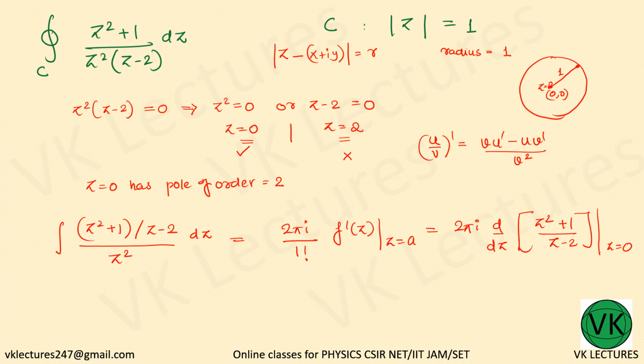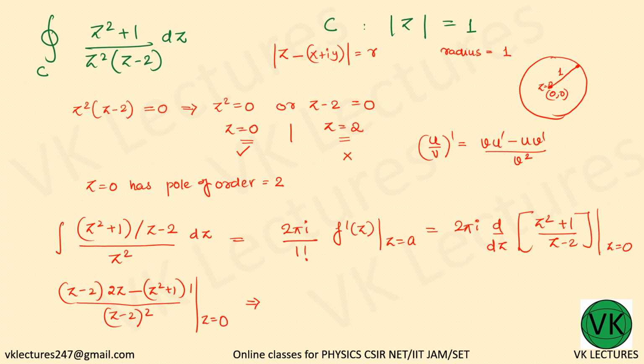So v is z minus 2, into derivative of u, that is 2z, minus u, which is z square plus 1, into derivative of the denominator, is 1 divided by z minus 2 squared, and this is at z equal to 0.